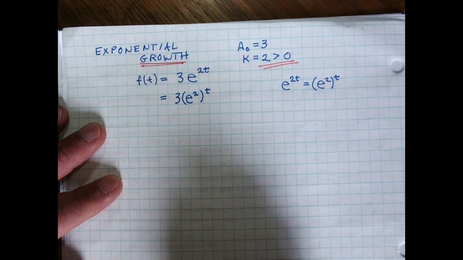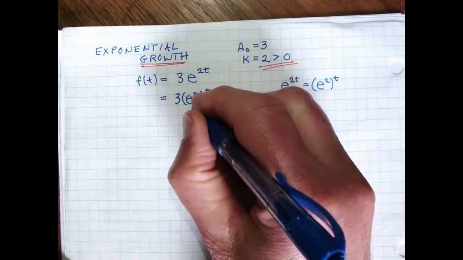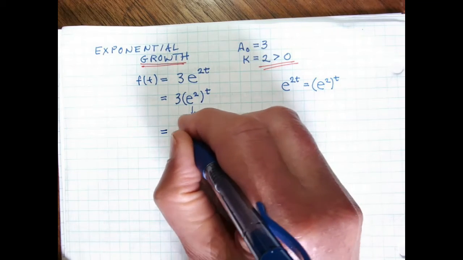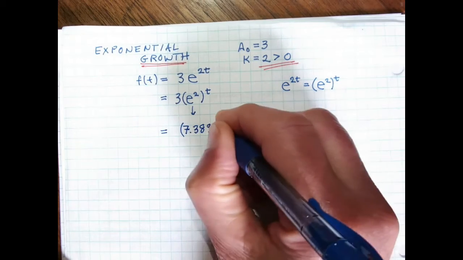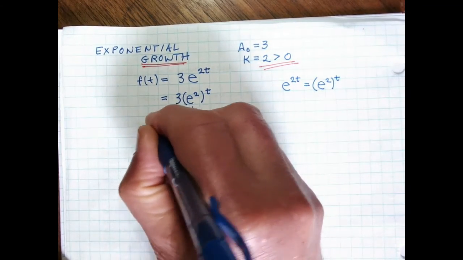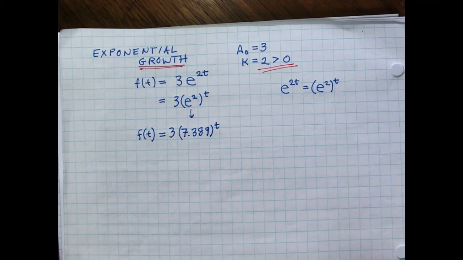And we can think of e squared as a number in its own right, right? I'm going to go to my calculator here. e squared is about 7.389. So that's that same function.